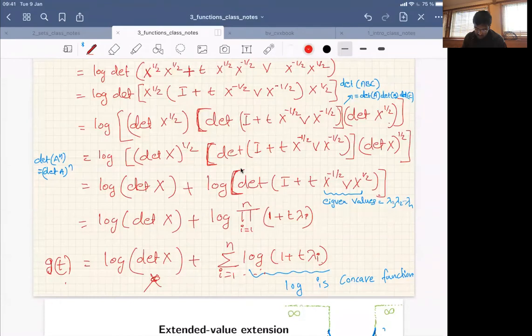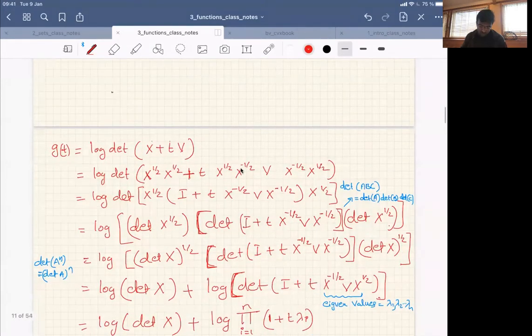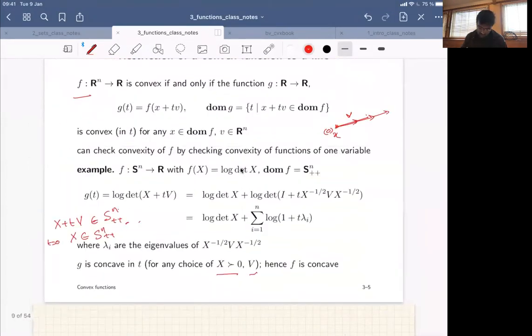So this guy does not play any role here. So we know that this function is concave. So g of t is concave. That means the original function is concave.